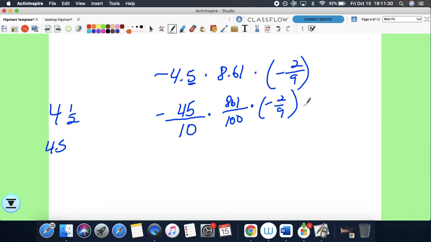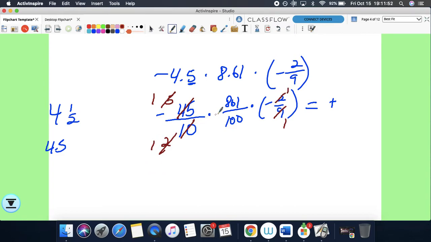Now, this is going to allow me to do this. So negative times a positive times a negative is going to be a positive answer. That 9 over here, that 45 is going to go away. 9 divided by 9 is 1. 45 divided by 9 is 5. I can get rid of this 10 over here. 5 divided by 5 is 1. 10 divided by 5 is 2. And then this 2 and this 2 will just be 1 at the end.